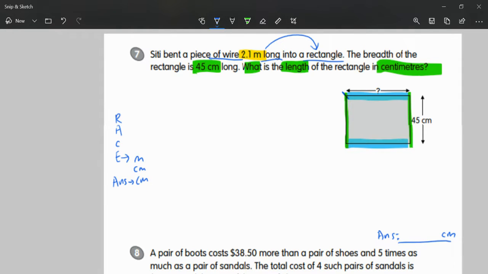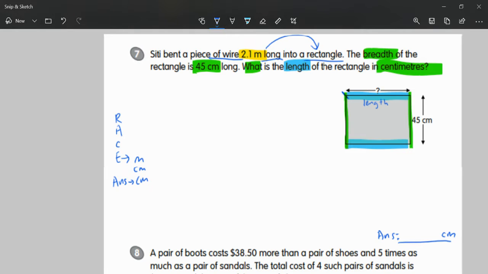Applying the knowledge, you have two short sides and two long sides. The short sides are highlighted in green, the long sides in blue. So here I should put it in blue instead. I'm looking for one long side in centimeters.